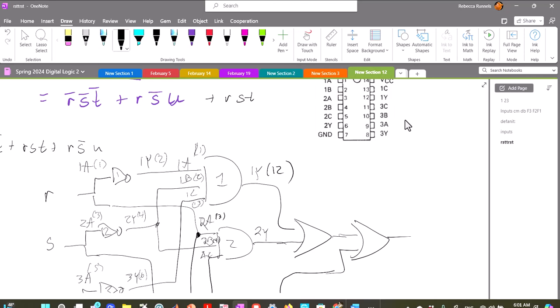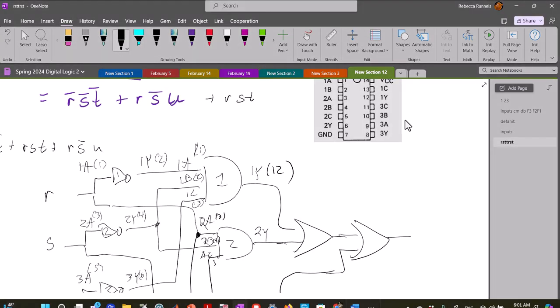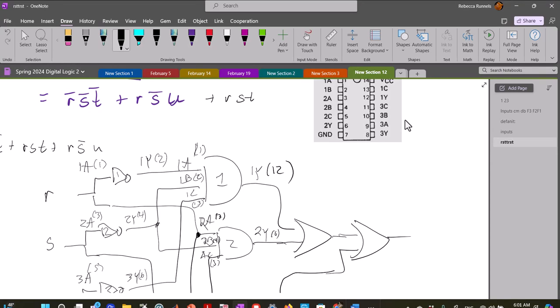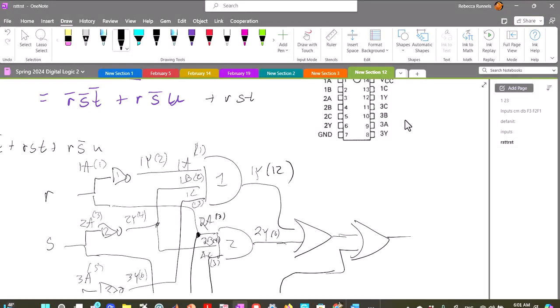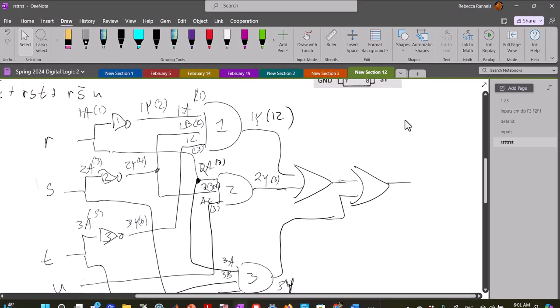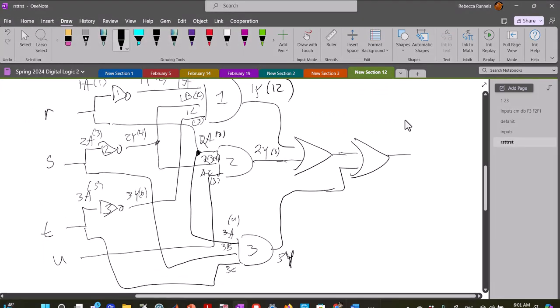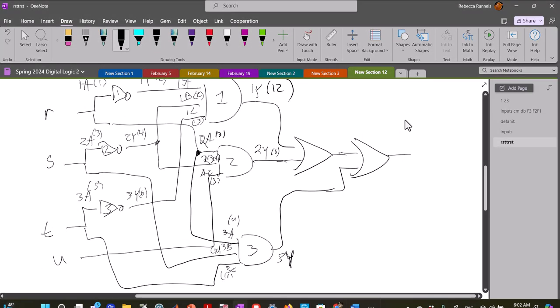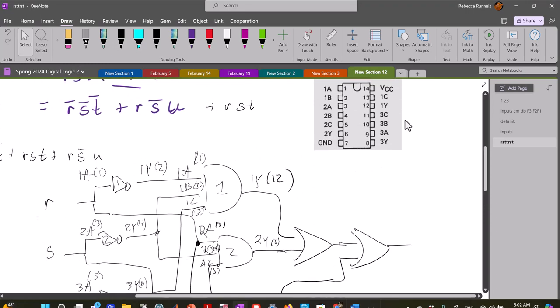And 2C is 5. And 2Y is 6. 3A, 3B, and 3C are 9, 10, and 11. And 3Y is 8.